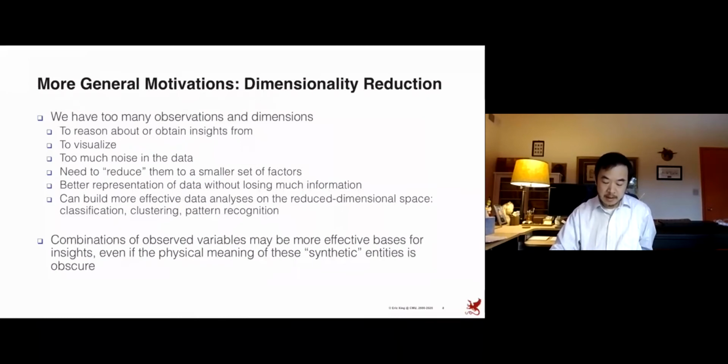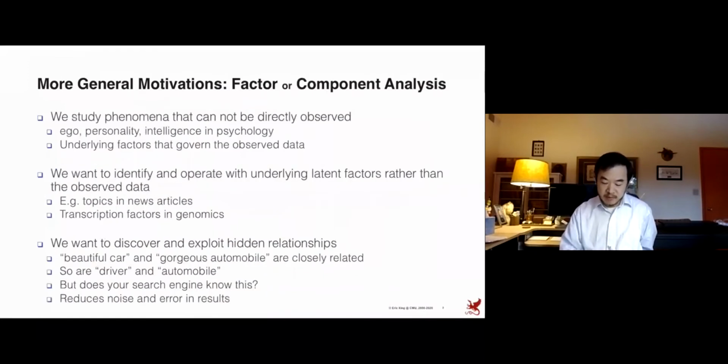And there are, of course, a lot of nice motivations for doing dimensionality reduction. And in the previous slides, the general motivation of factors, as we said earlier, is to capture this kind of saliency in the concepts. And here you'll see a few more examples of what they mean.